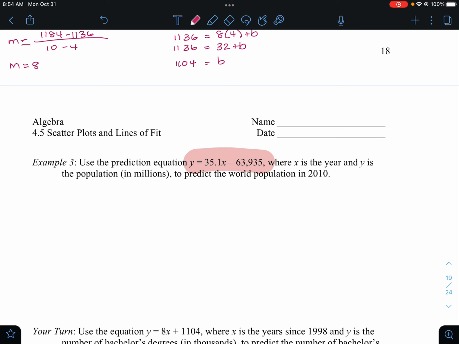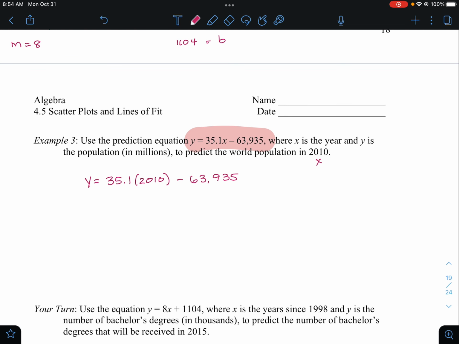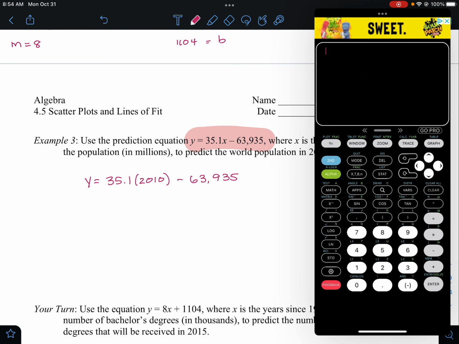So 2010, that's a year, so that's X. So that means all we have to do here is substitute 2010 in for X. So Y equals 35.1 times 2010 minus 63,935. So let's take our 35.1 times 2010.